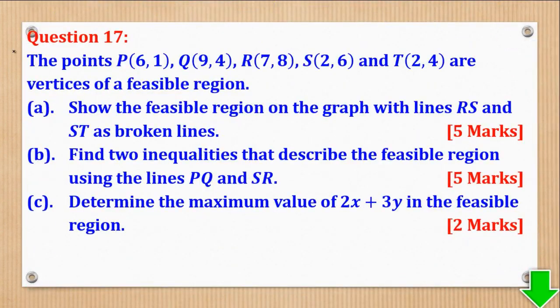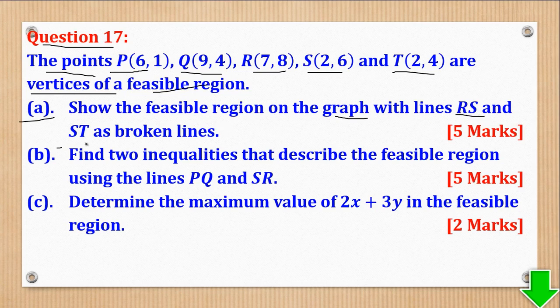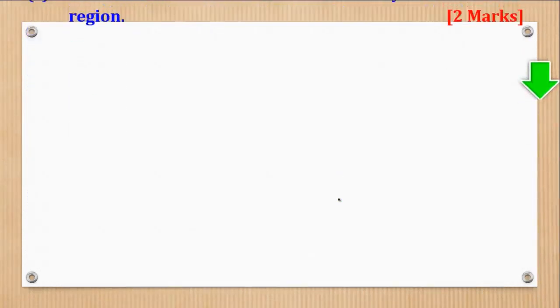So now we shall go to question 17. Question 17 says, the points P, which is (6, 1), Q, which is (9, 4), R, which is (7, 8), S, which is (2, 6), and T, which is (2, 4), are vertices of a feasible region. Part A, show the feasible region on the graph with lines RS and ST as broken lines. So you come here and get our graph paper.